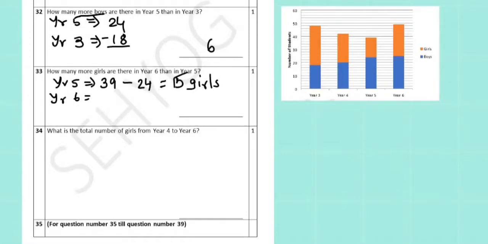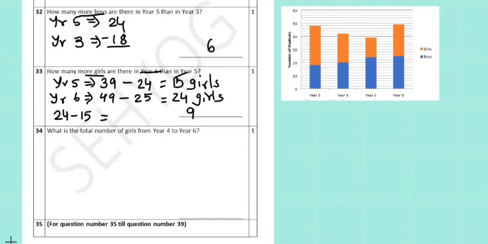Again, for year 6, total number of students we can see is again half division less than 50, so 49. Subtracting number of boys, that is 25 boys, we get 24 girls. So, how many more girls? 24 minus 15, that is 9 more girls in year 6.